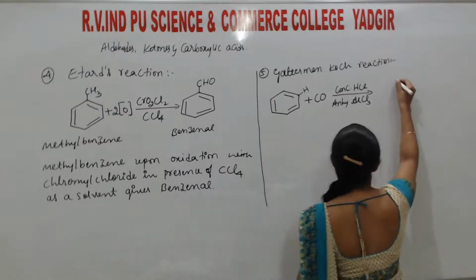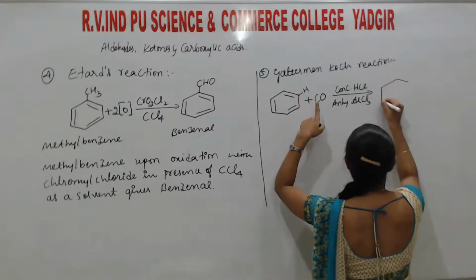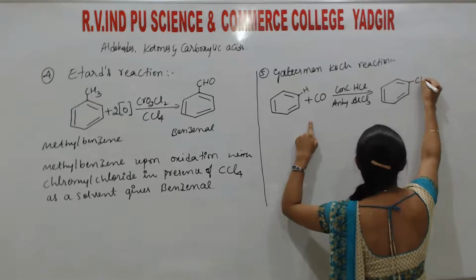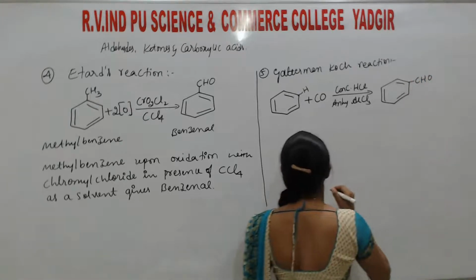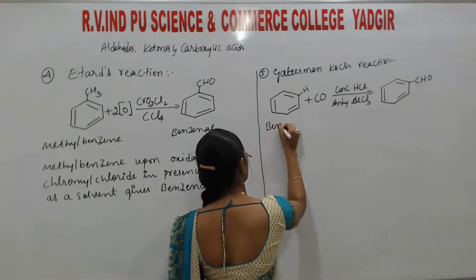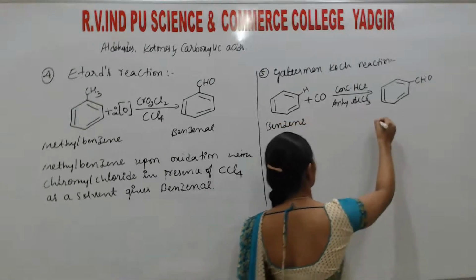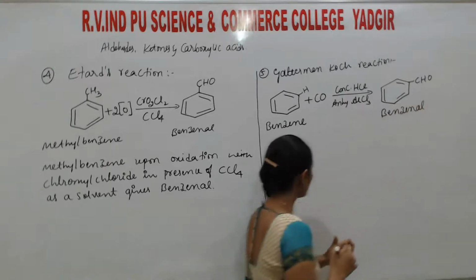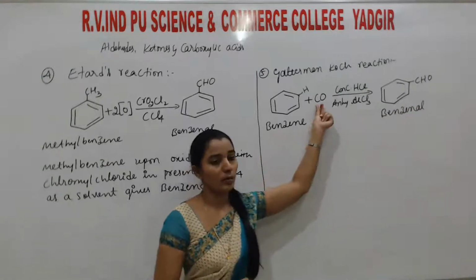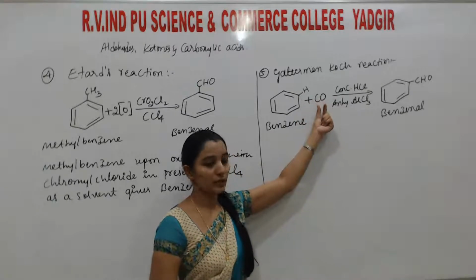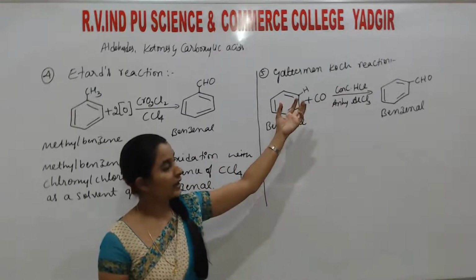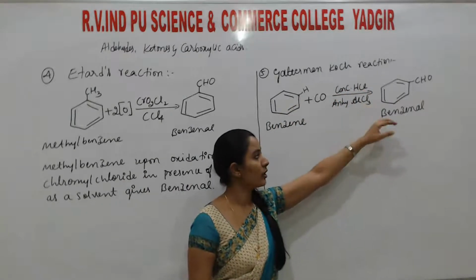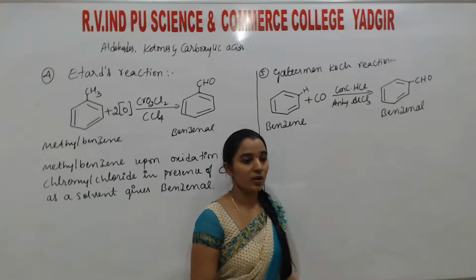So the product formed here, this CO is inserted here, is benzaldehyde. Benzene reacts with carbon monoxide in presence of concentrated HCl and anhydrous aluminium chloride to give benzaldehyde.